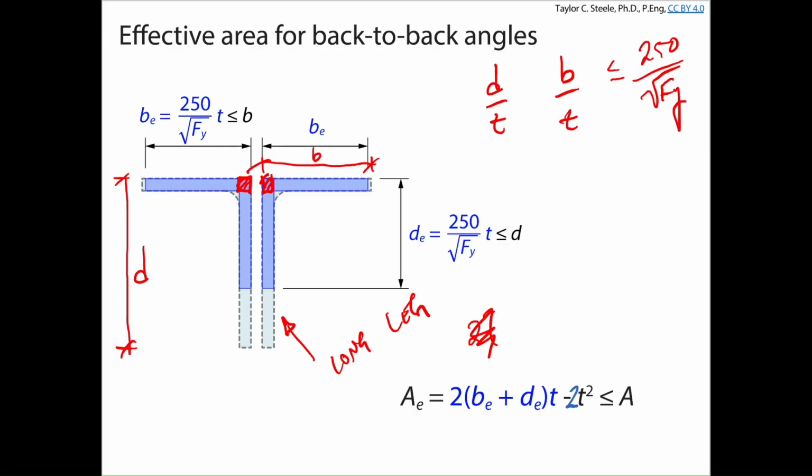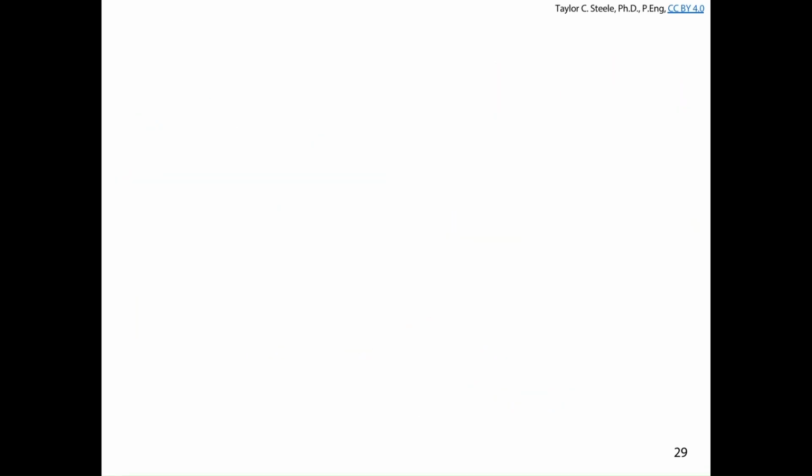But for the long legs, De is something that we need to calculate, and that's going to be less than D. So we're basically calculating the length of this smaller rectangle here, and then we can calculate the effective area, in our case using Be equal to B and a value of De that we calculate. So we need to calculate the effective leg length De.